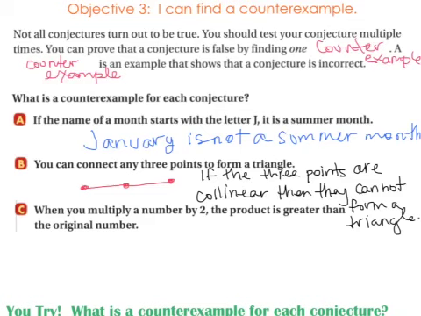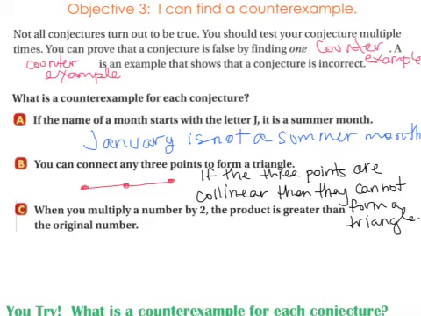And the last one says, when you multiply a number by 2, the product is greater than the original number. So this might take you a while to figure out, but if you only think about the positive numbers, then that might be true. Maybe you could think about fractions or negative numbers.